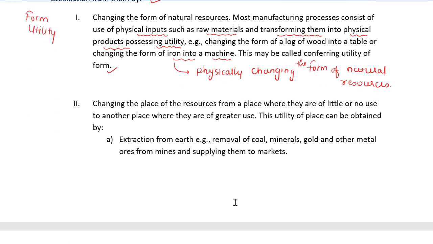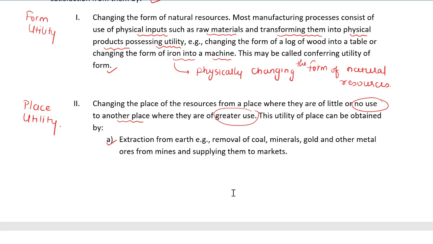The next concept is changing the place, which is known as place utility. It means changing the place of a resource from a place where it is of little or no use to another place where it is of greater use. The utility of place can be obtained by certain factors.